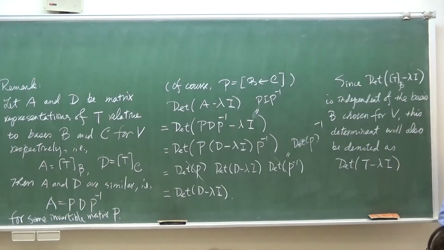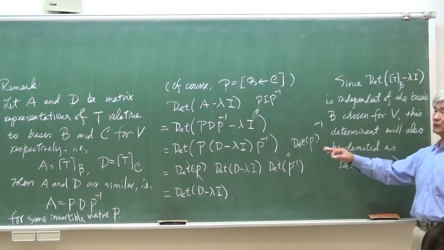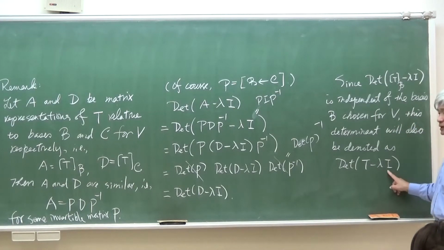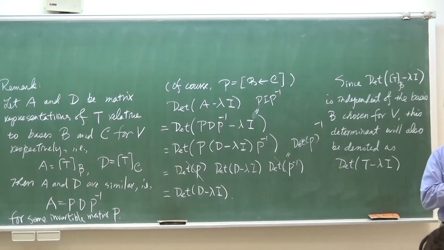The determinant of T minus lambda I is just a notation. We define the determinant only for matrices, but T is a linear operator, and I is interpreted as the identity operator.